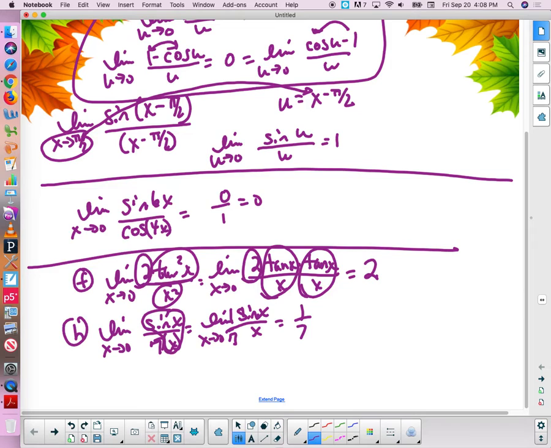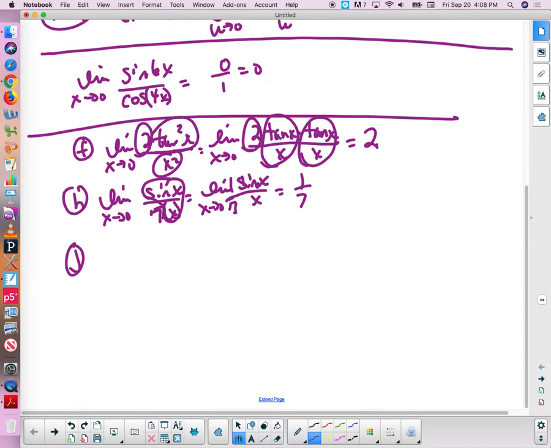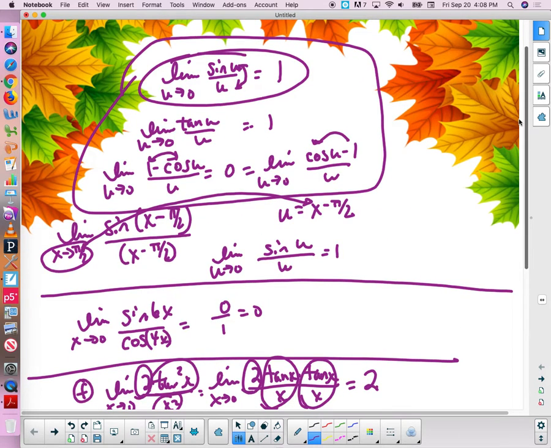Now let's see, let's go to J. And you might want to turn off the video and try some of these on your own, but I'm just giving you some ideas of what can happen. So you have 1 minus cosine squared x over x squared. It looks kind of like one of the main rules up here with the 1 minus cosine.